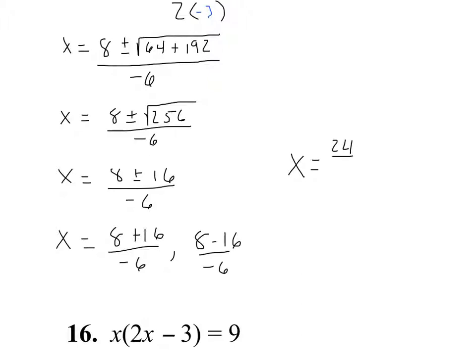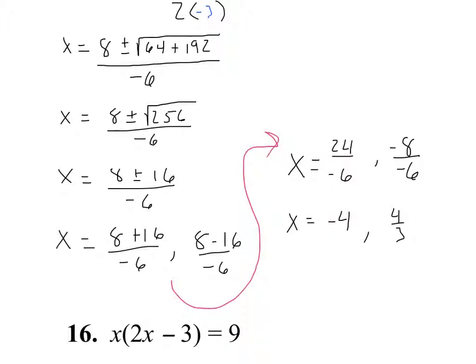So we got 24 over -6, which is what? -4. And we have 8 minus 16. -8 over -6, which is +4/3. Yep, let me draw my little arrow showing where I'm going. Okay, so then there's our answer. And again, we had a positive discriminant, so we should have 2 real solutions.